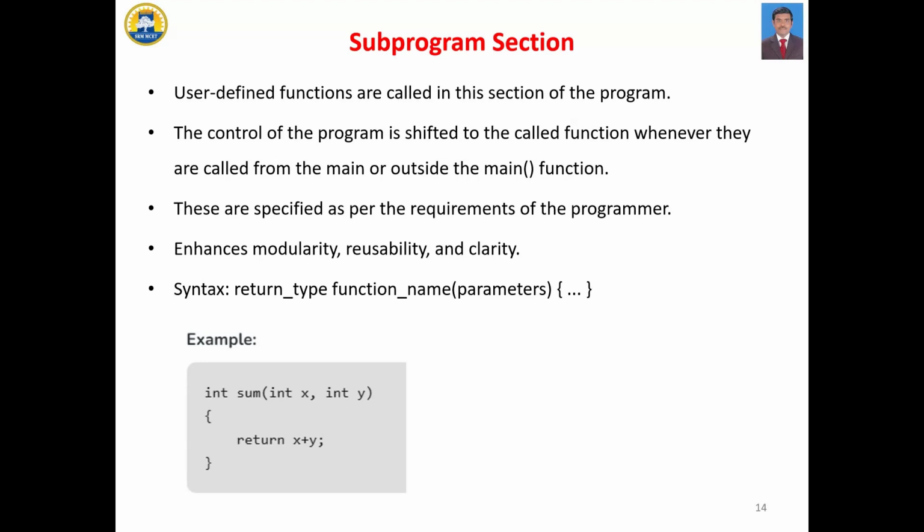Syntax is return_type function_name(parameters). An example is given below: sum of int x, int y, return x plus y. This is the subprogram section, with sum of int x and int y as the subprogram function. Whenever sum is called, this function is executed, that is, return of x plus y is executed.